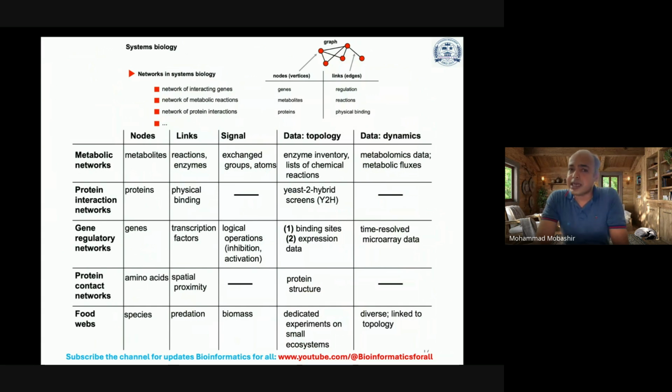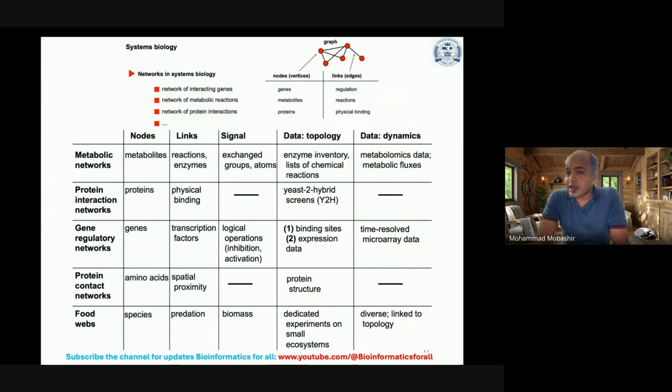What are the signals? Exchanged groups or atoms, logical operations or inhibition and activation, then biomass in food webs. In topology, you can see enzyme inventory, list of chemical reactions, Y2H in protein interaction networks, binding sites and expression data in gene regulatory networks, protein structure in protein contact networks, dedicated experiments on small ecosystems.